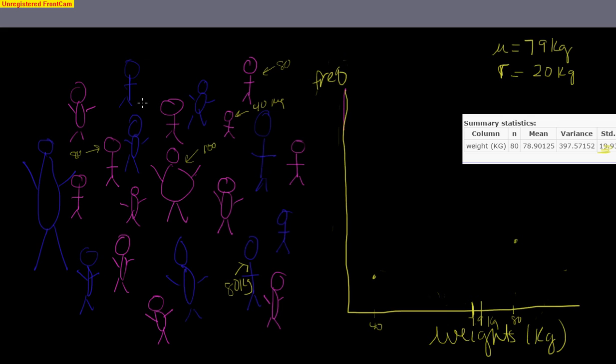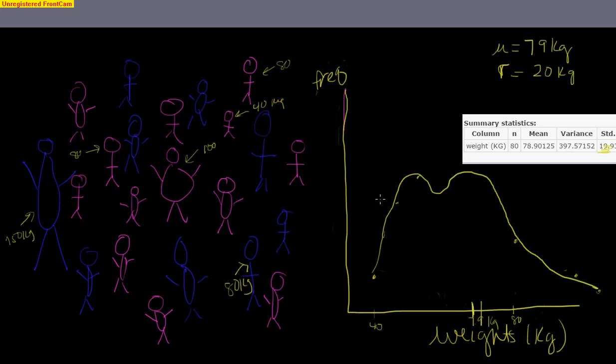This person's kind of heavy. This could be 100 kilograms out here. There's not going to be too many of those. A really big man, kind of an outlier, say he's 150 kilograms, way, way out here, and so on. And I'm going to be plotting all these people. The closer we get to the mean, the more people you're going to have. We'll end up getting a little spike for the women, then maybe a little dip, and then another spike for the men.